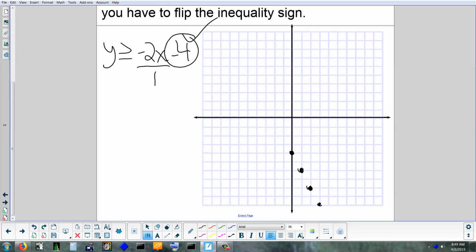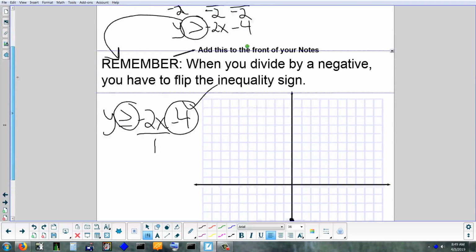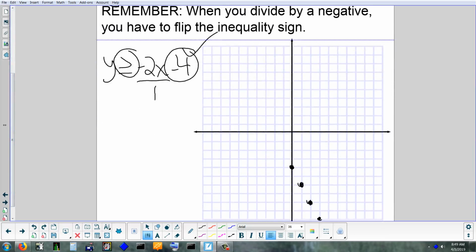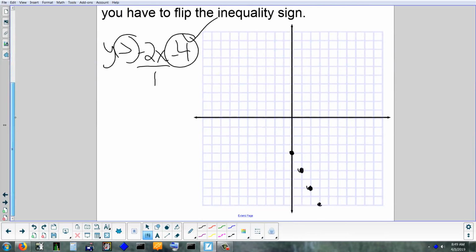Why? There's a line underneath. Look at the original inequality sign. Oh, guys, I lied. No line underneath. Jake, I tricked you, buddy. What's it going to be? Dotted, right? No line underneath. A line underneath is the reminder to make sure you make it solid. So this one's going to be dotted.